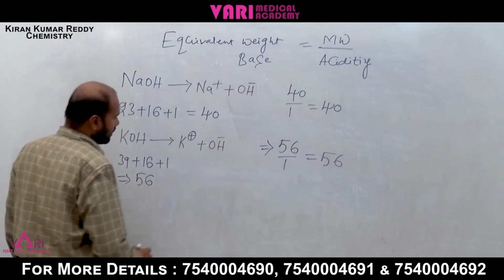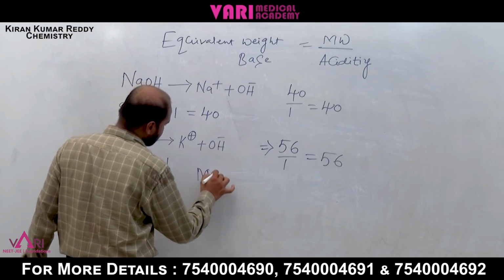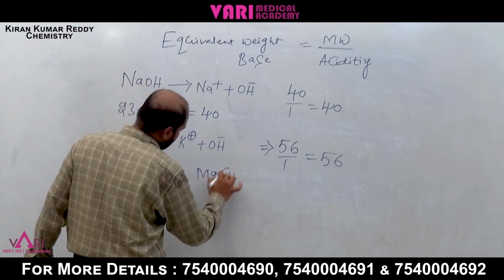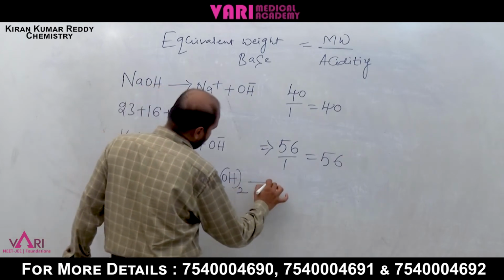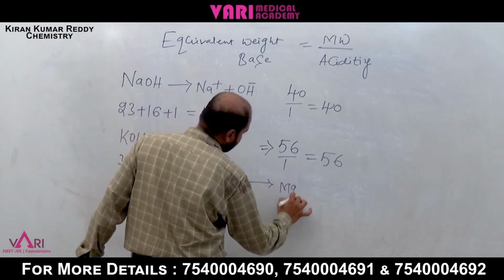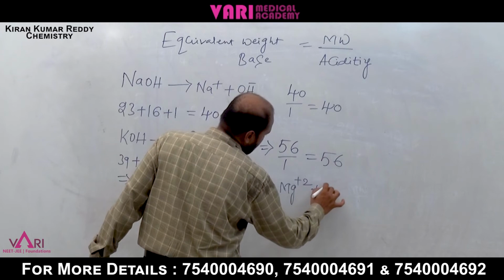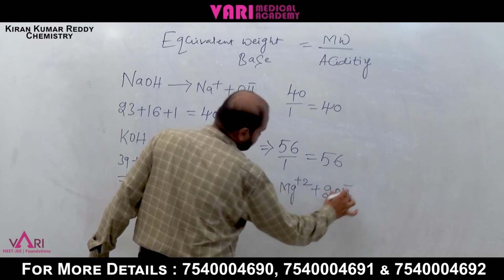If you take magnesium hydroxide, here is magnesium plus 2 OH minus.